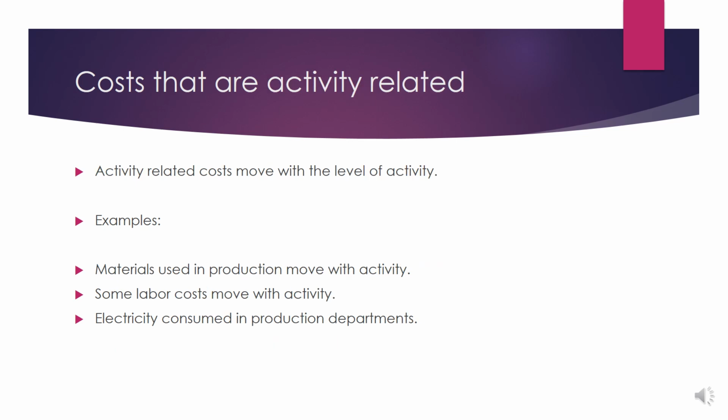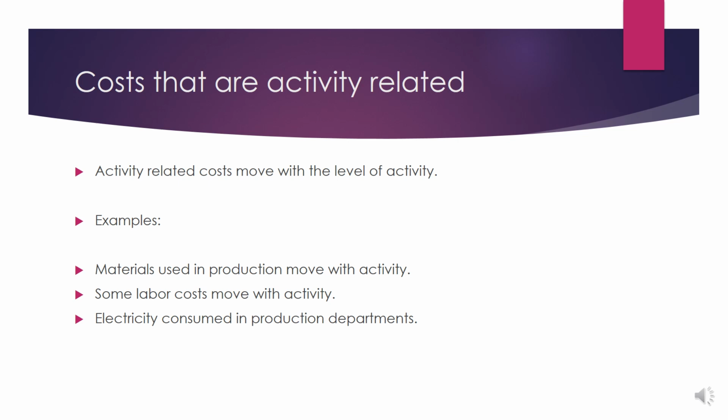And then we have costs that move with level of activity, like materials used in production move with the level of activity. If the activity increases, these costs will increase. If the activity declines, these costs will also decline.